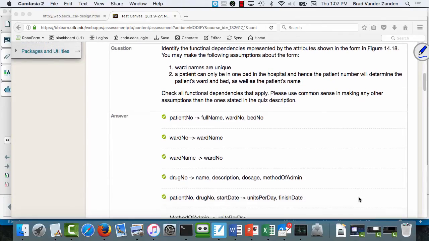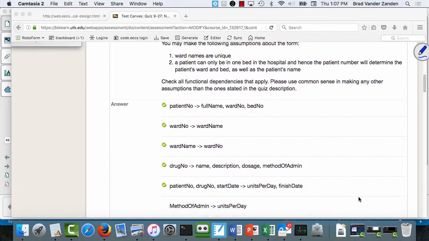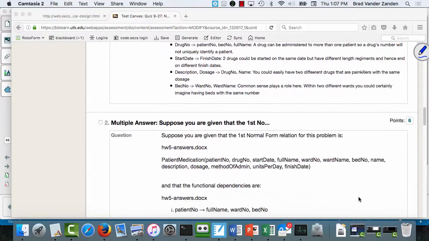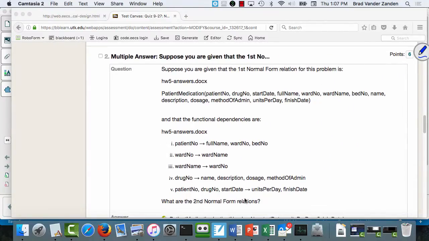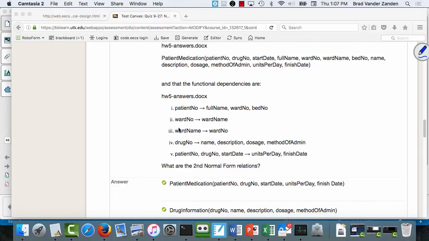Right here it is calling 1 and 4 partial dependencies because they're not. This is where the book's definition is inconsistent for partial dependencies.